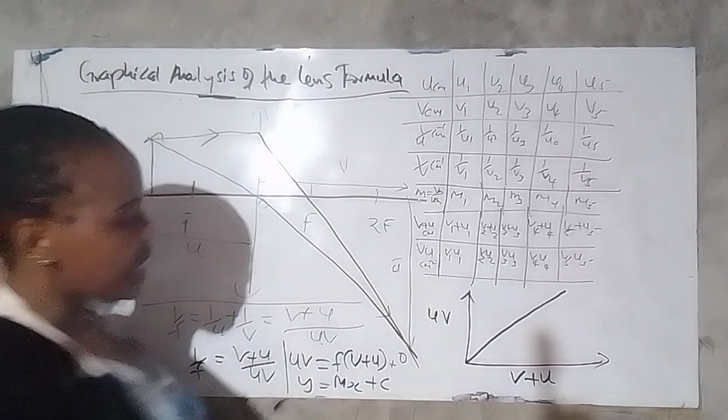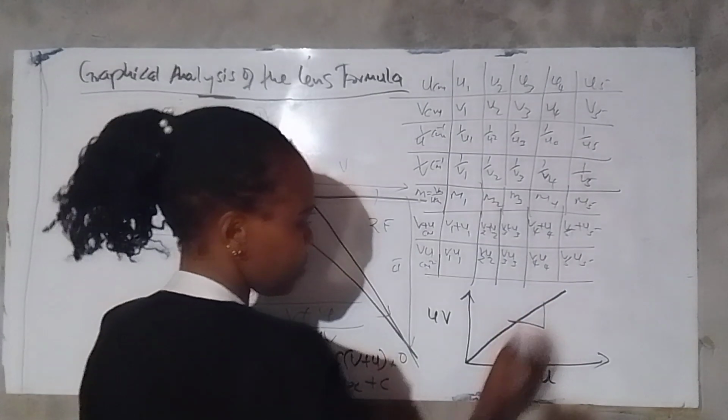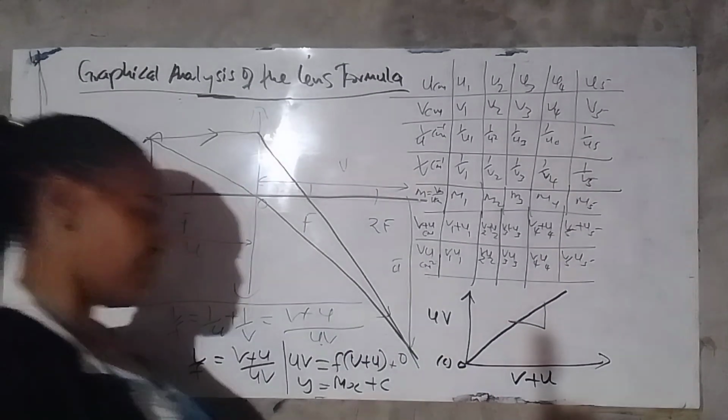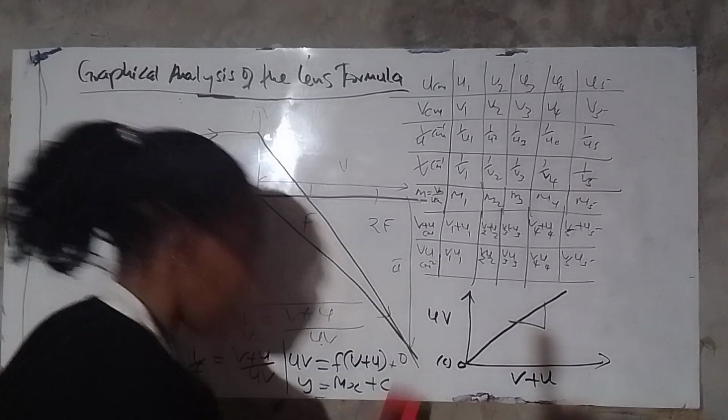Okay, so this is our y-intercept, 0 is our c. It cuts the graph at the origin, 0, 0, because it's not there, that's why it was not written, because it's 0.